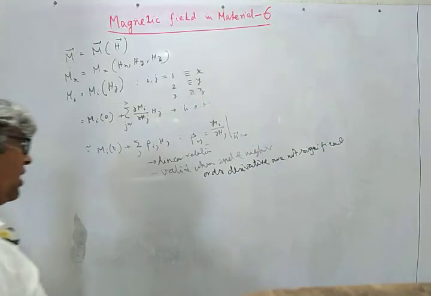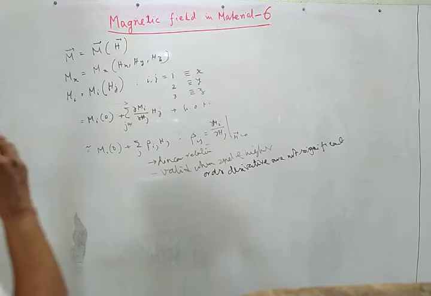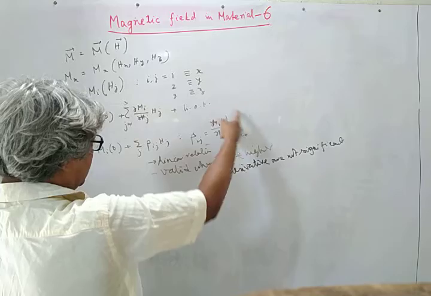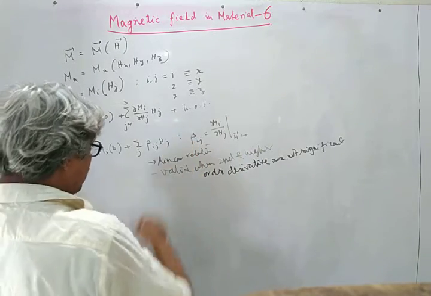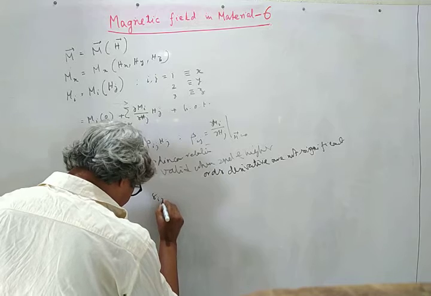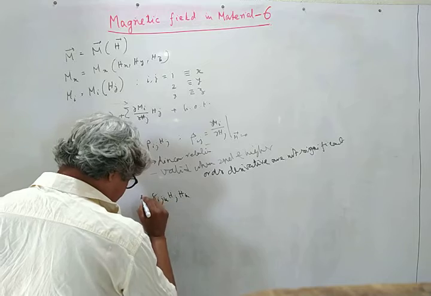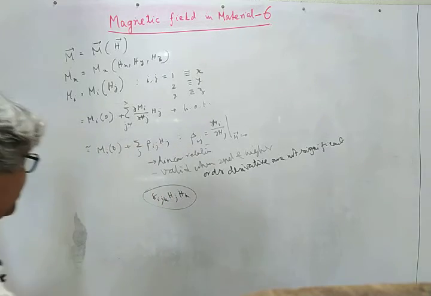If the second or higher order derivatives are important, then one must retain the higher order terms. In that case, there will appear a term gamma jk Hj Hk. This is not a linear term in H.